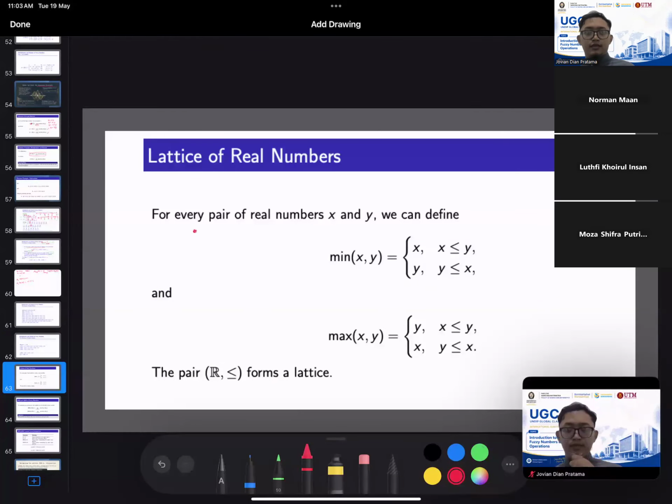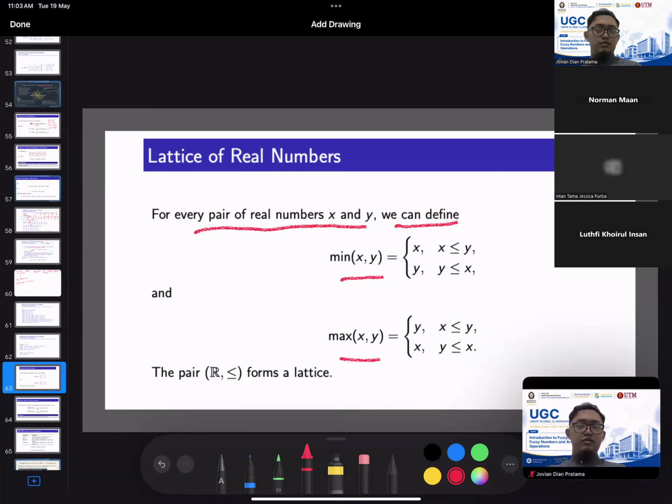So for every pair of real numbers X, Y, we can define which one is the minimum and which one is the maximum. Normally when we use the notation for the lattice, we use this one. This one is talking about the real numbers, and it is basically the minimum notation for the lattice.